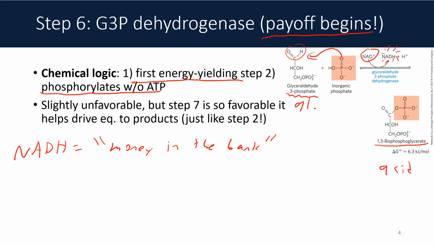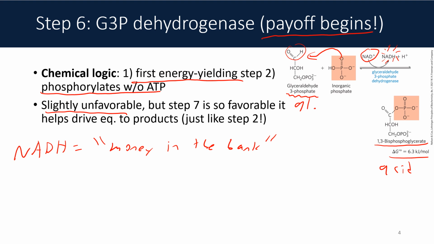Yes, this reaction overall is a little bit unfavorable. Take a look at the reaction delta G, positive 6.3 kilojoules per mole. But notice how every time we have a positive delta G, the next step is going to be either super fast or super favorable, or both.